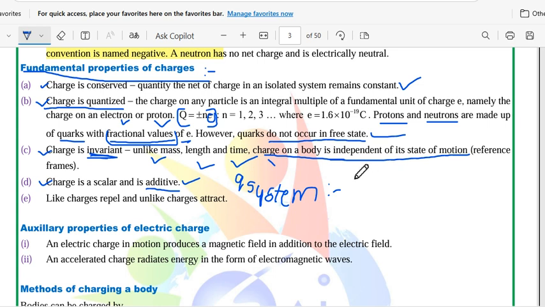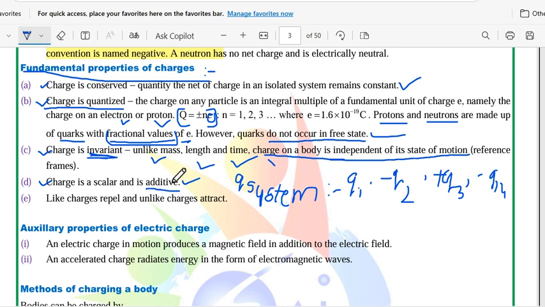Then, if I have a number of charges like Q1 minus Q2 plus Q3 minus Q4, in this sense I have charges.